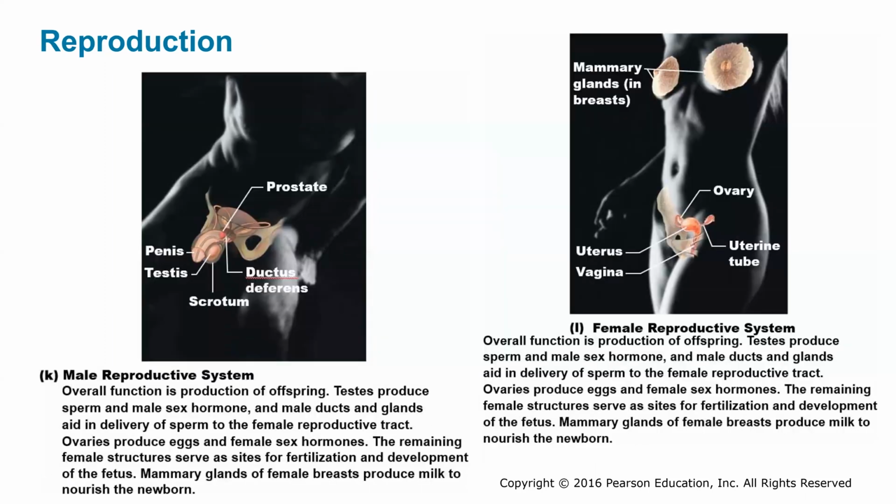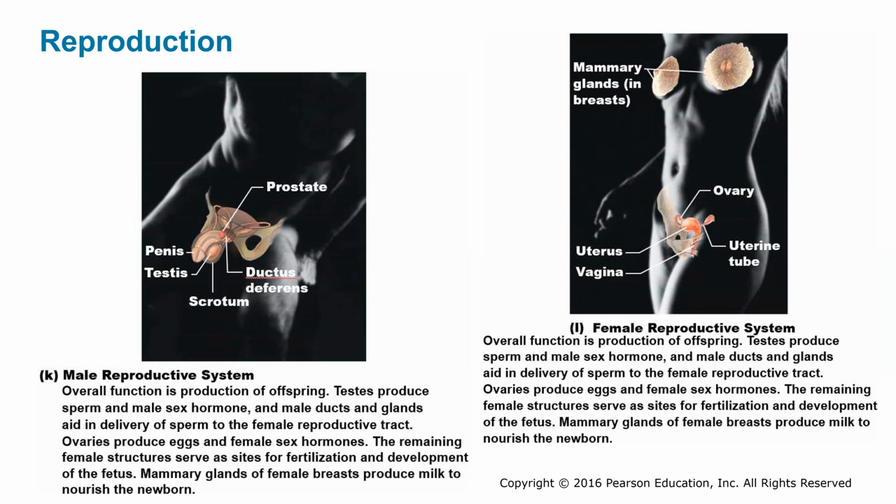And reproductive system. We have male and female reproductive systems. Major organs of the male system include testes, penis, prostate gland, and a system of ducts. Major organs of the female reproductive system include ovary, uterus, vagina, uterine tubes. The overall function is production of offspring.